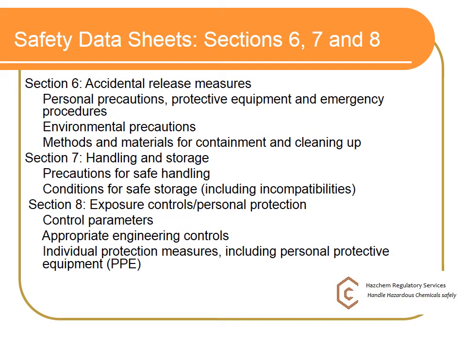Sections 6, 7 and 8. Section 6. Accidental release measures. Personal precautions, protective equipment and emergency procedures. Environmental precautions, methods and materials for containment and cleaning up. Section 7. Handling and storage.